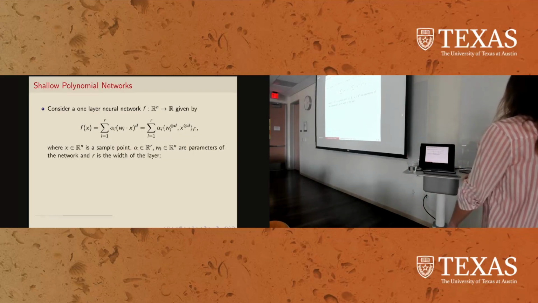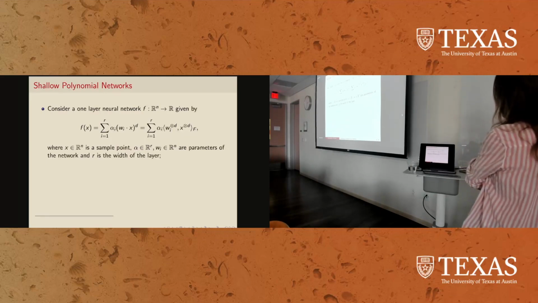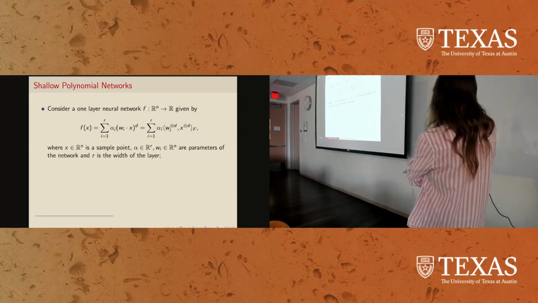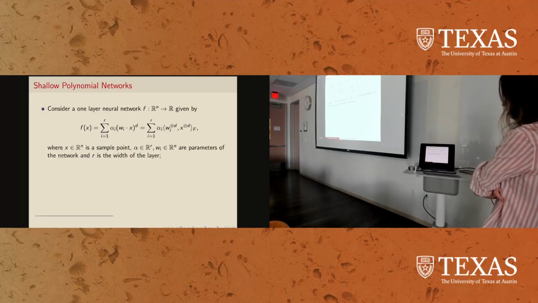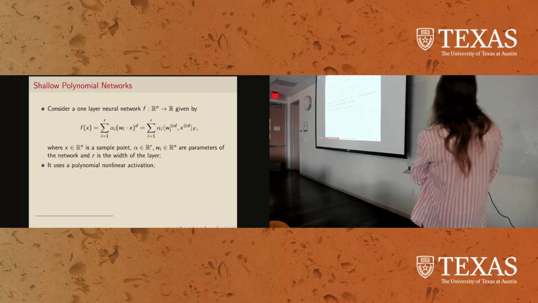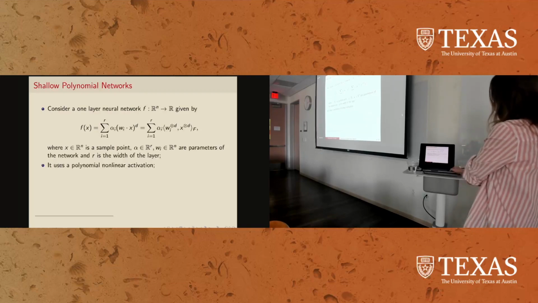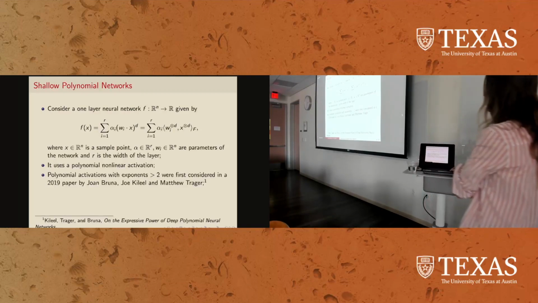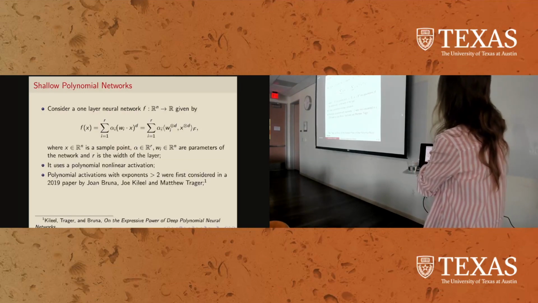We have parameters of the network, alpha sub i, w sub i, data is x, and r is an important parameter because it's the width of that single hidden layer. And we are considering polynomial nonlinear activations, so the degree of the activation is d, little d. This model was first considered in 2019 in a paper by Joan Bruna, Kileel, and Matthew Trager.